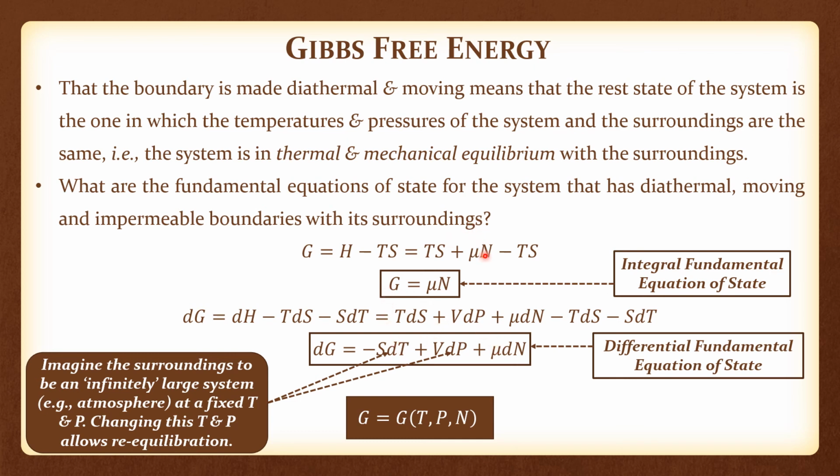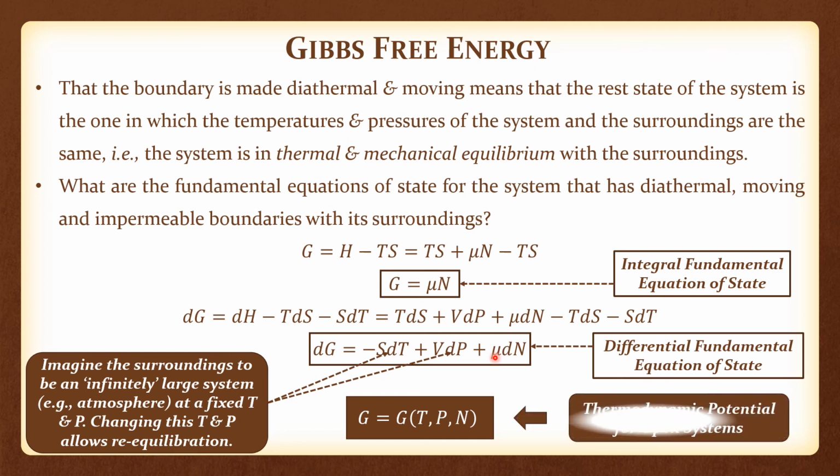So both these definitions of chemical potential, as you can see, would be the partial derivatives, right? ∂G/∂T at constant P, N would be minus S, ∂G/∂P at constant T, N would be V, and ∂G/∂N at constant T, P would be mu, right? So these definitions of chemical potential are practically very relevant. This is the thermodynamic potential for open systems.